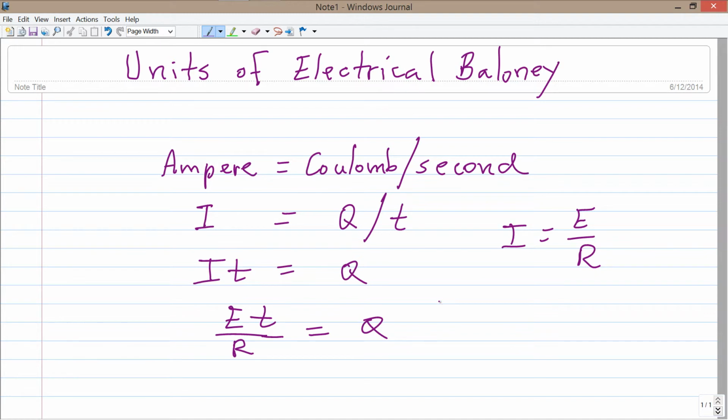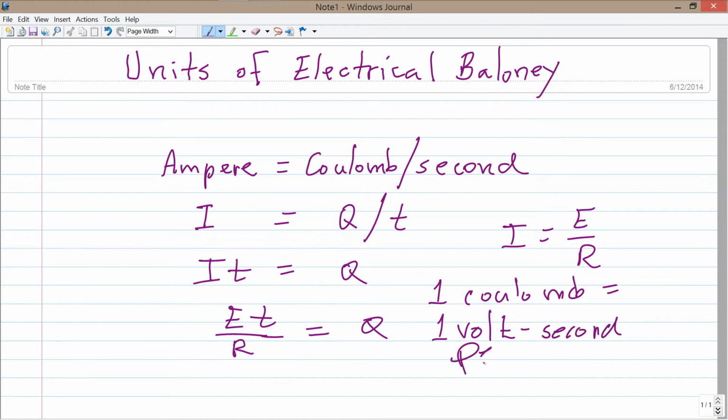Let me write that down. 1 coulomb equals 1 volt second per ohm. Oh gosh. That is strange indeed, wouldn't you say?